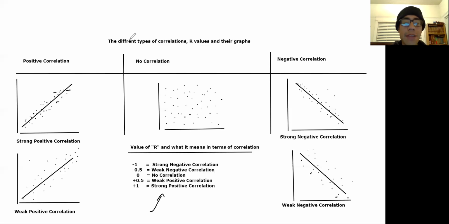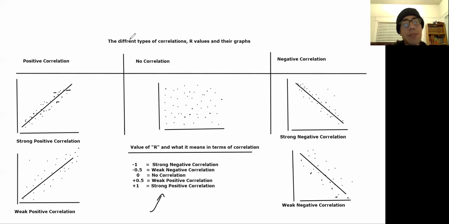It's in between no correlation and strong correlation, so we're going to just leave it at that. A positive 0.5 is a weak positive correlation, and a +1 represents a strong positive correlation. In other words, the closer you get to either a -1 or a +1 tells you how strong the relationship between both variables is.